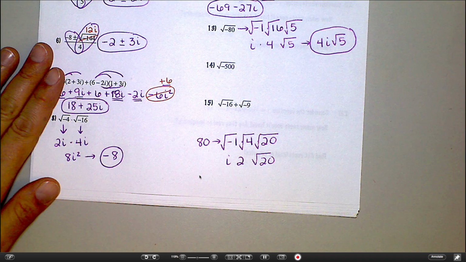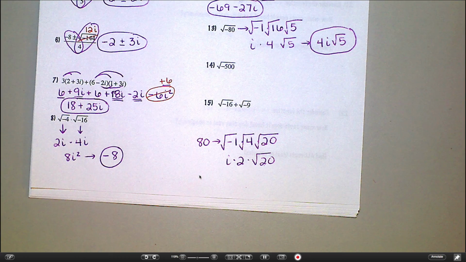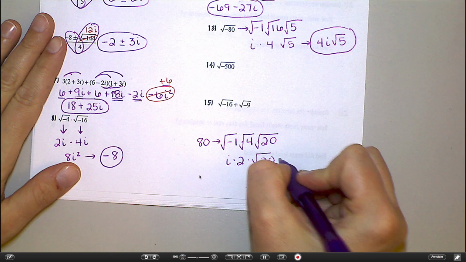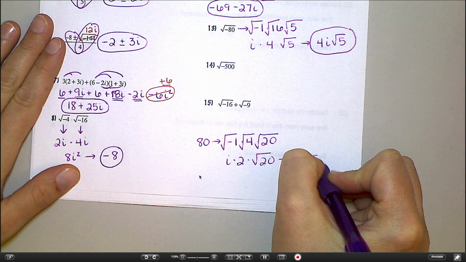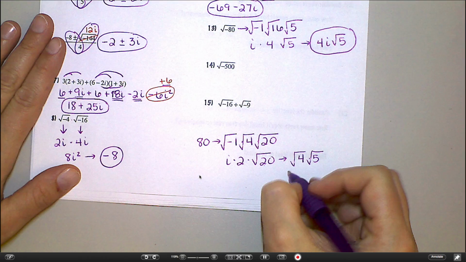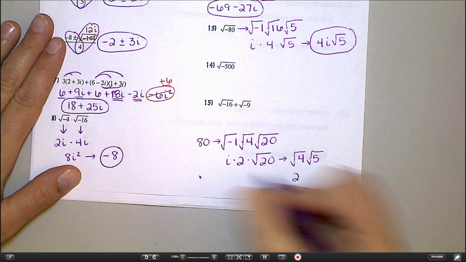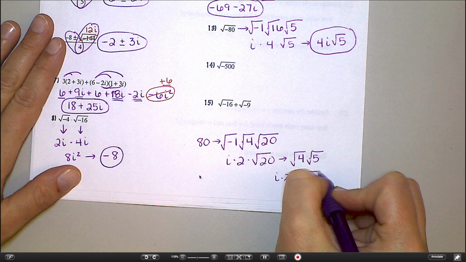And that's all fine and good, except 20 can be reduced further. Okay? You could take that 20 and write it as 4 times 5. Okay, so then square root of 4, square root of 5. That square root of 4 can become a 2. You already have an i and a 2 out here. And then you have a square root of 5.